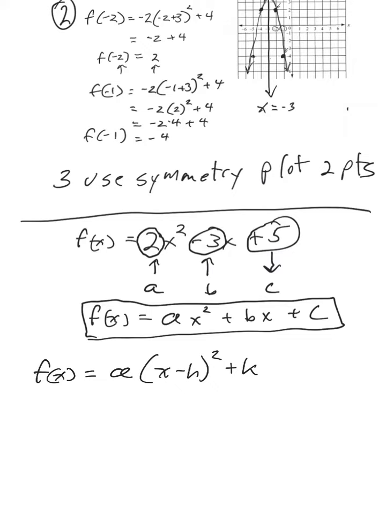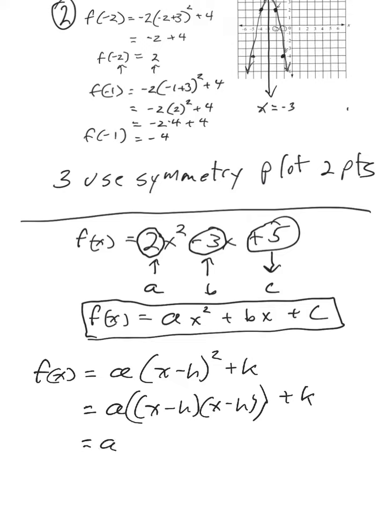This is the formula of the parabola that we've been using for a while, where (h, k) is the vertex. I'm going to expand everything: take a, and multiply (x minus h) times (x minus h), plus k.